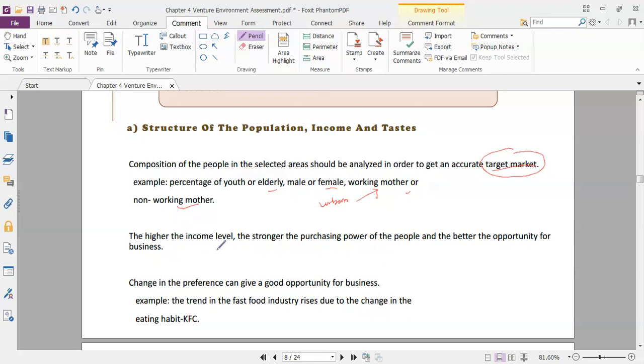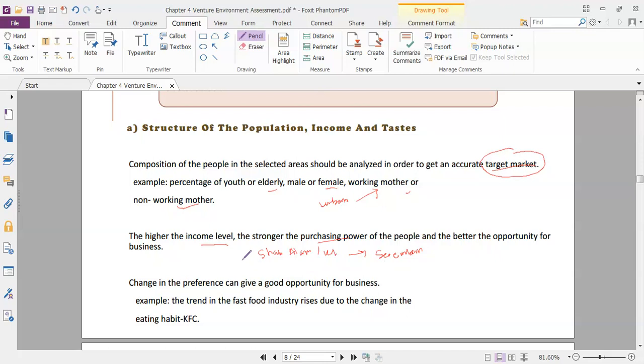The higher the income level, the stronger the purchasing power of the people and the better the opportunities for business. If you compare Shah Alam or Kuala Lumpur with Seremban, the market in Seremban is smaller than Shah Alam and KL because of the population.